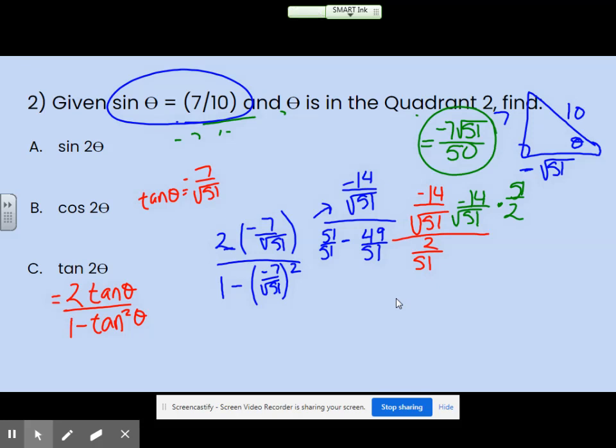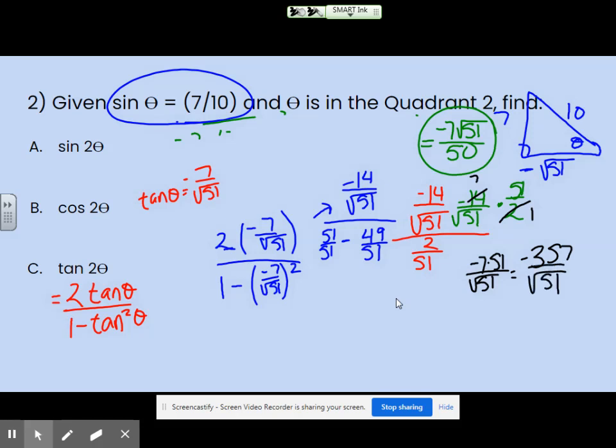I see that I have a 2 in the numerator and denominator. So that 2 in my denominator becomes a 1. I have 2 times 7 in my numerator, so I'm going to rewrite that. Now I have negative 7 times 51 over the square root of 51. All right. I believe that negative 7 times 51 is negative 357 over radical 51.